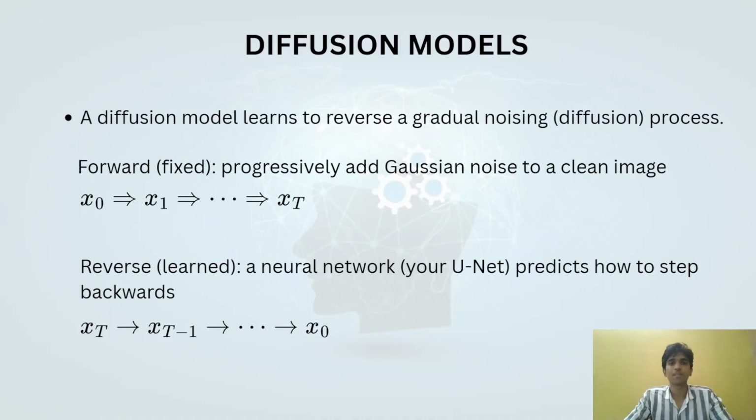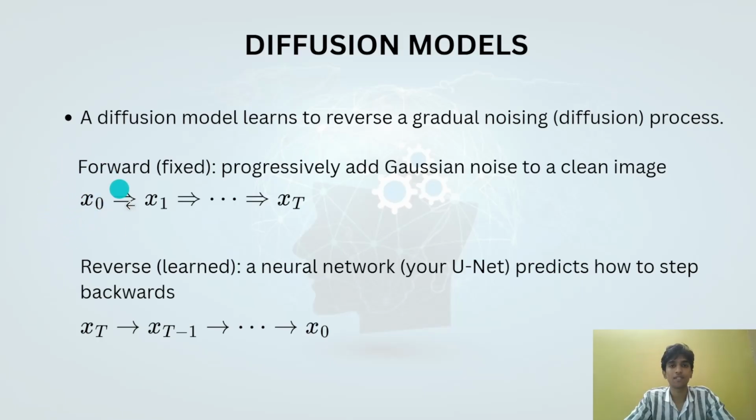As I explained, what a diffusion model does is it tries to reverse a gradual noising process. You can see x0, x1 till xt here. What these x represent is the state of the image at that point. x0 refers to the initial state of the image.